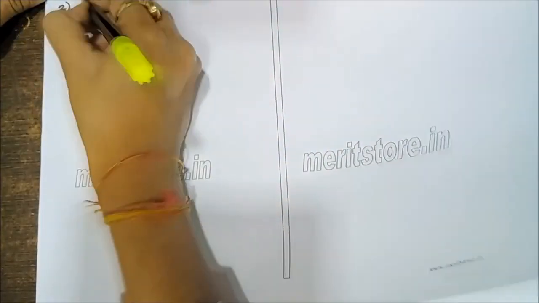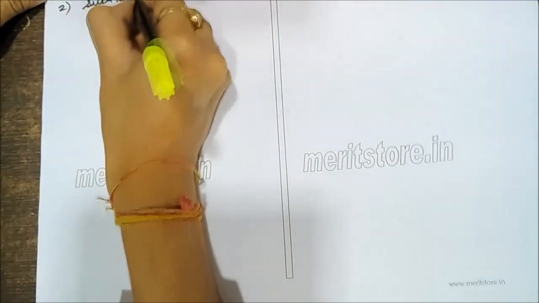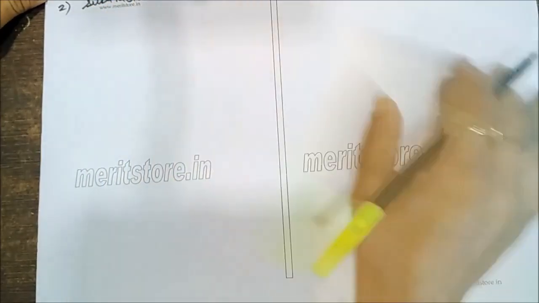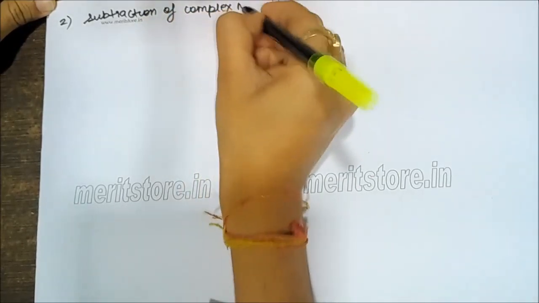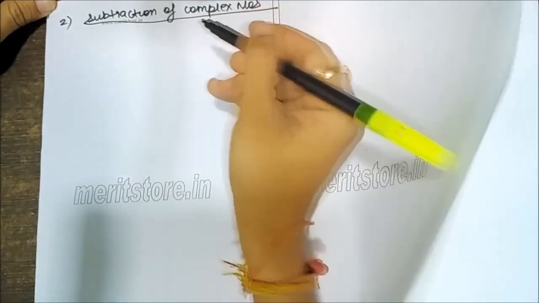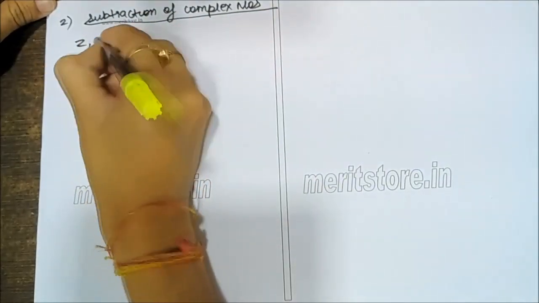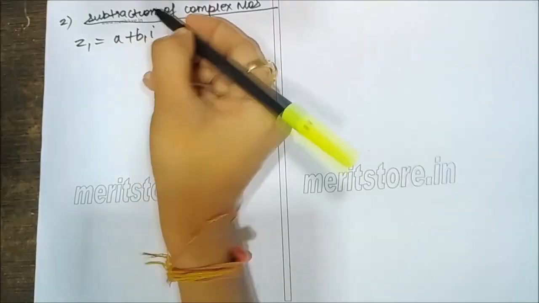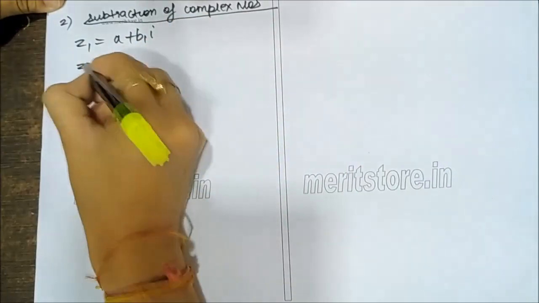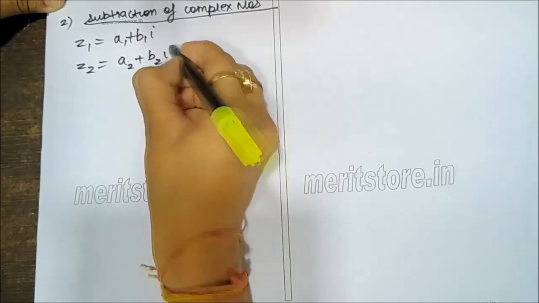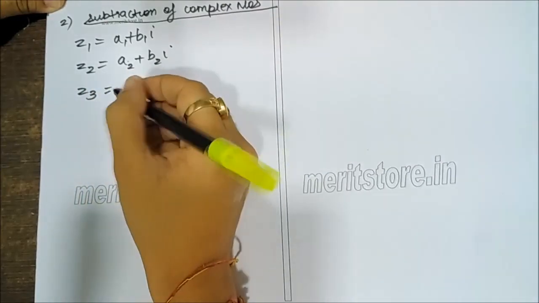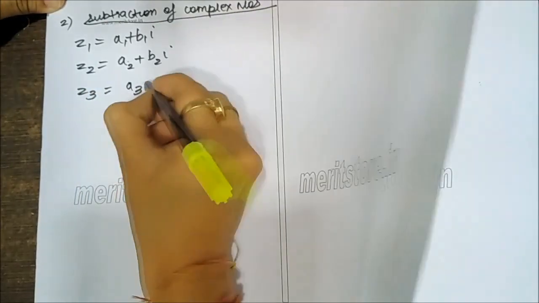Now let's start with subtraction of complex numbers. Z1 is equal to a1 plus b1i, Z2 is equal to a2 plus b2i, Z3 is equal to, let's say, a3 plus b3i.